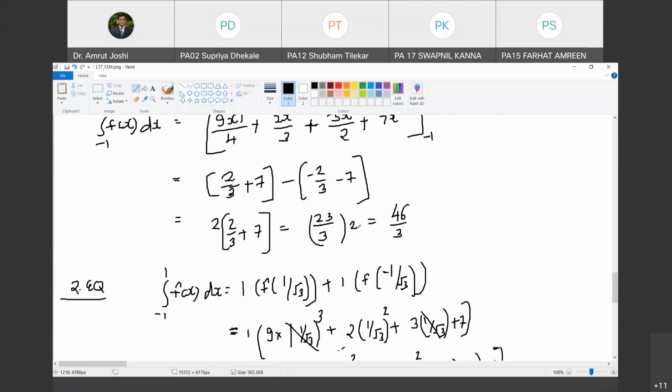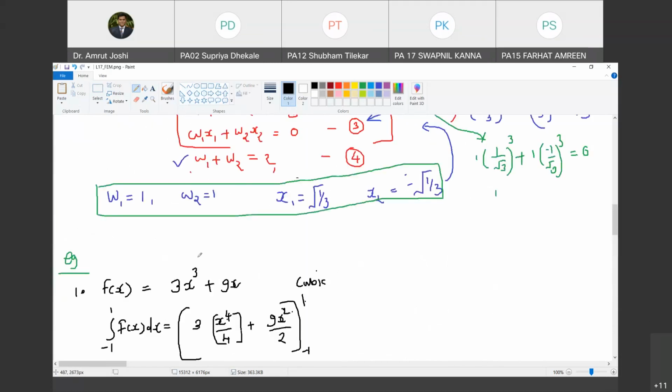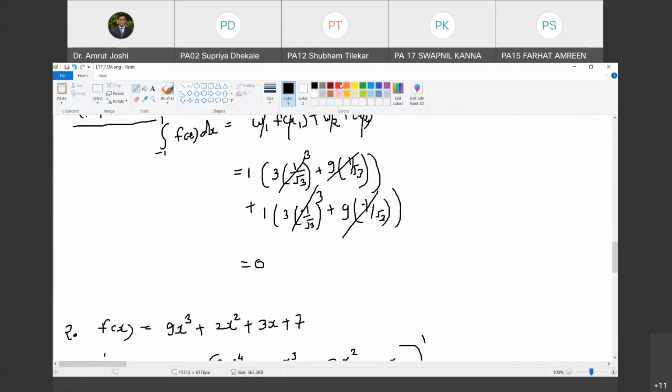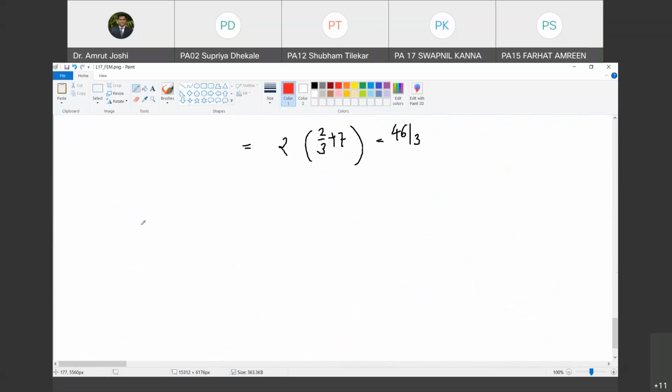So has it instilled confidence in you that 2-point Gauss quadrature is going to exactly integrate the cubic polynomial from -1 to 1? Happy? Yes, sir. Now let us examine the effectiveness of 2-point Gauss quadrature in integrating a polynomial having degree lower than cubic. Are you with me?